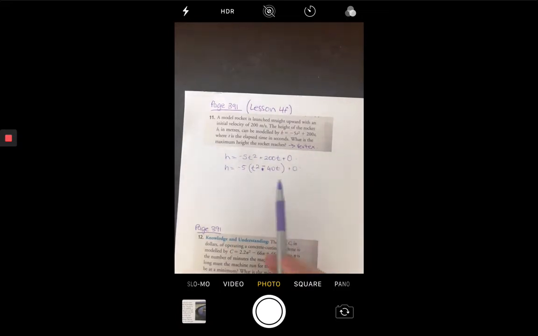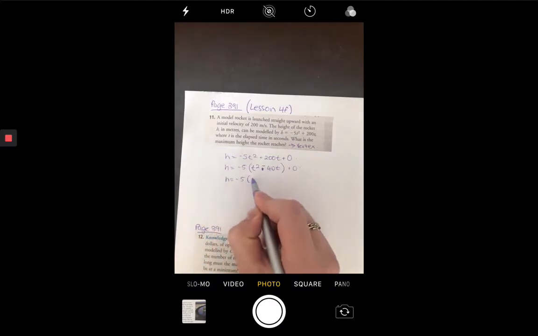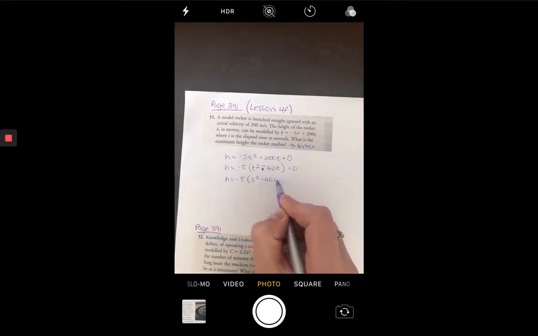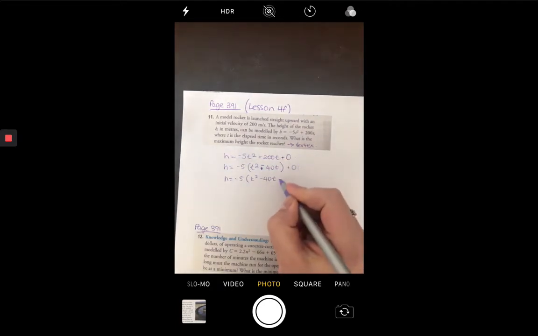Now we want to complete the square. We're going to half this number and then square it. So half of this is negative 20. Negative 20 squared is positive 400.